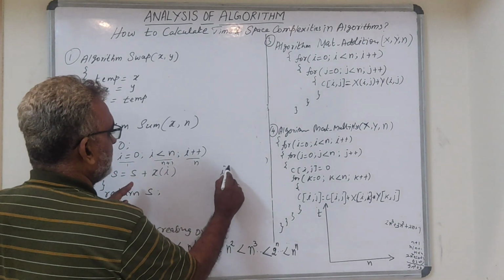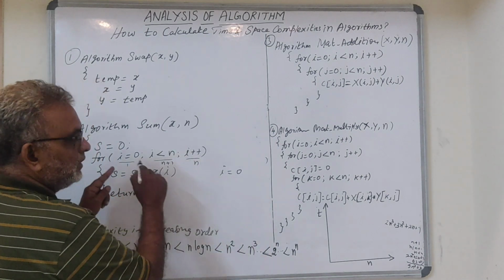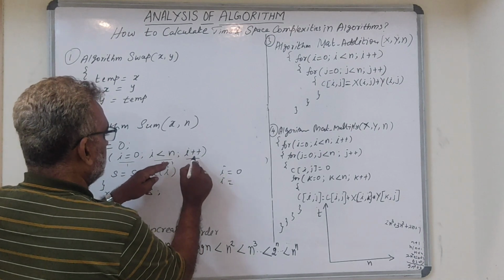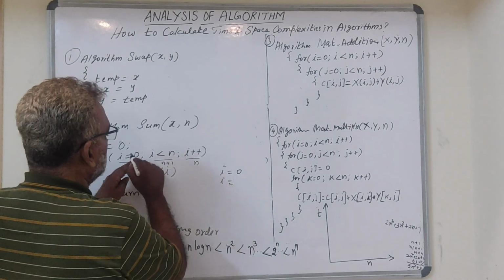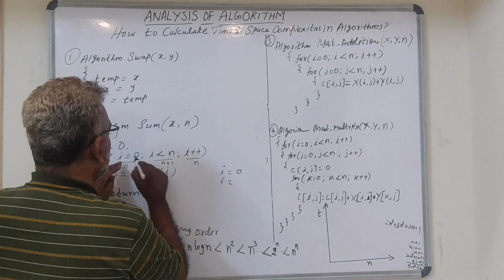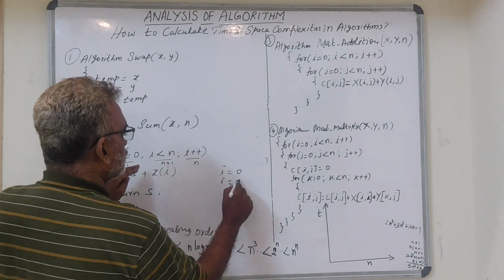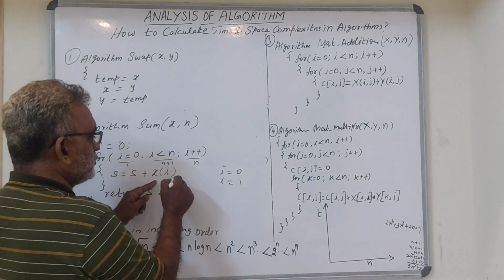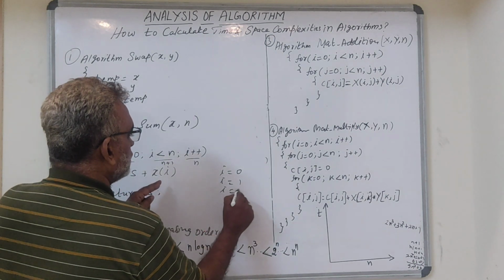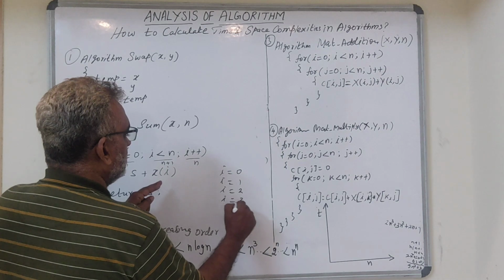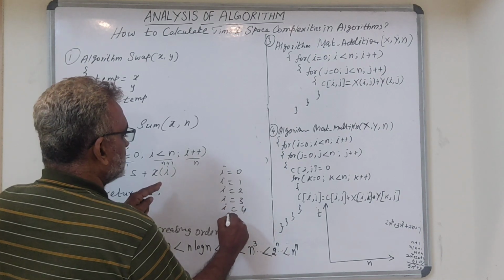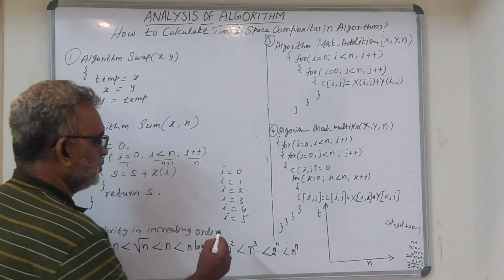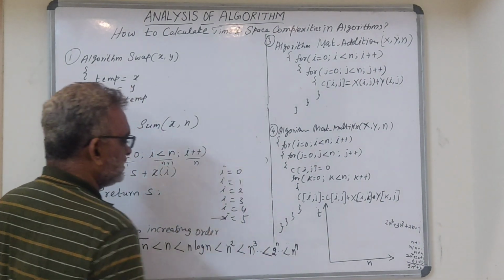First time i takes value 0, the statement is executed, then i is incremented to 1 and the condition is verified. If the condition is true, it will be executed again. So i is equal to 2, i is equal to 3, i is equal to 4 and i is equal to 5. What happens? The condition becomes false.